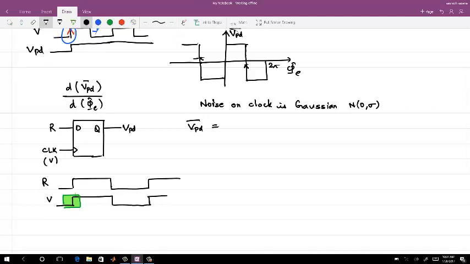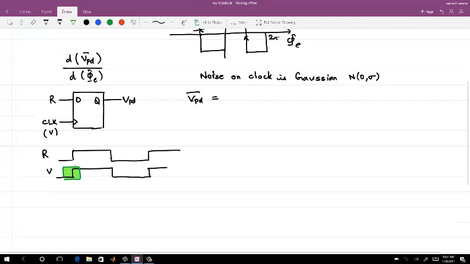Okay, so if I want to define the average value, can you suggest the way? The output of my VPD is positive 1 when, you see, this is an absolute time reference.